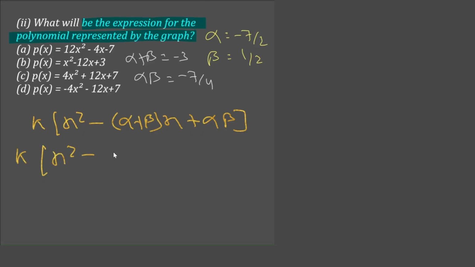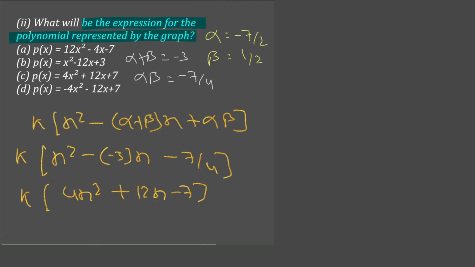This is x square minus the sum of the zeros, which is minus 3, so minus minus 3 times x, plus the product of the zeros, negative 7 over 4. Next we take the LCM, so it comes out to be 4 times x square, plus 3 into 4, that is 12, times x, minus 7, all over 4.